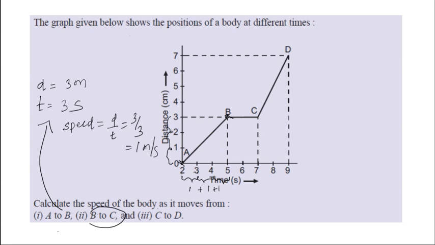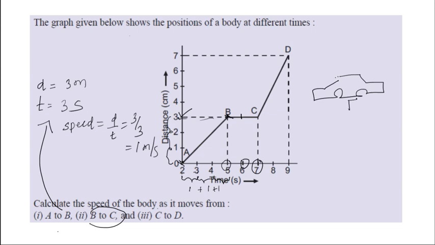Right? Now, look at this. On 5th second, body is at 3 meter. On 6th second, body is still at 3 meter. 7th second, body is still at 3 meter only, which means this object has not moved further.